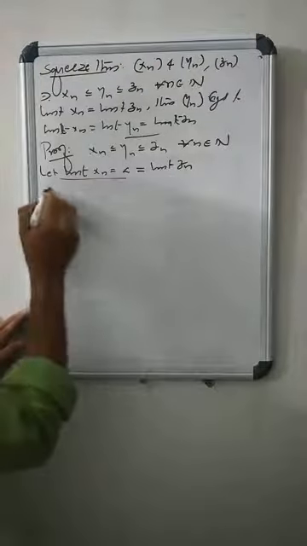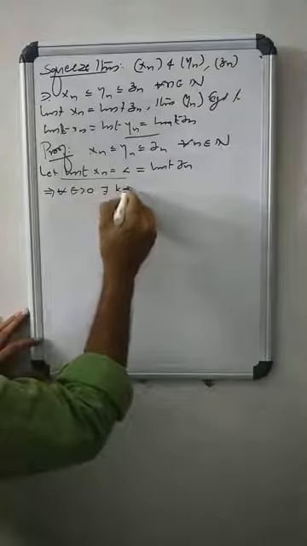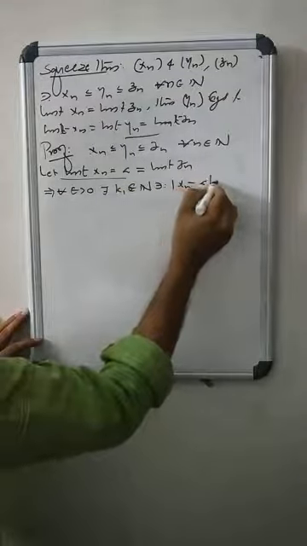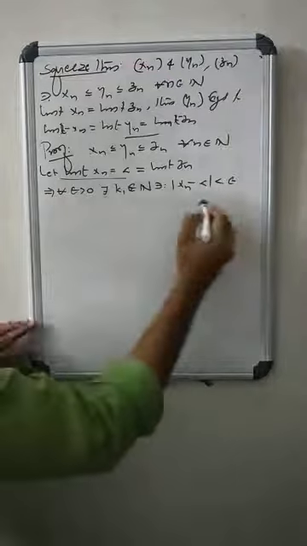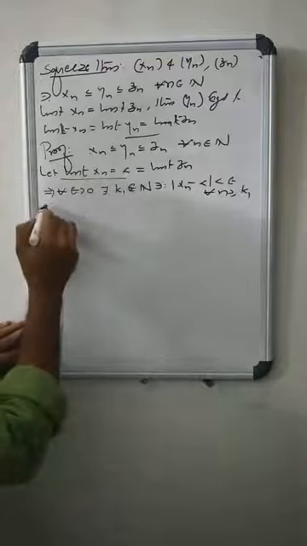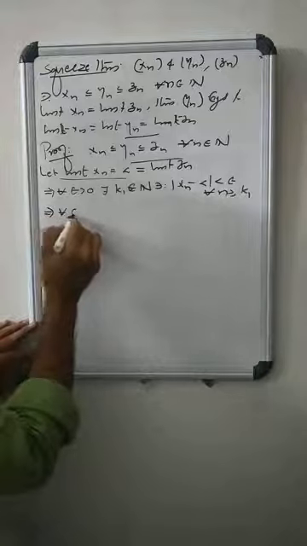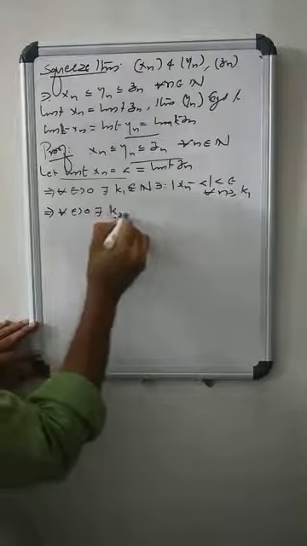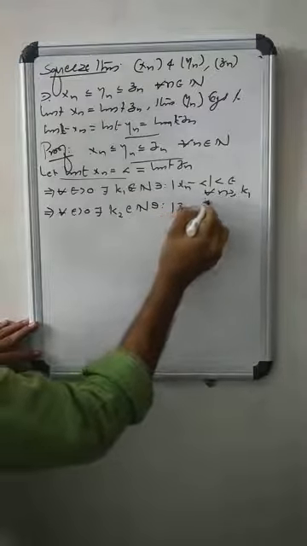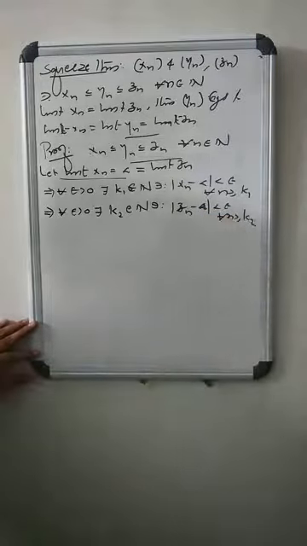Limit xn equals a means for all epsilon positive there exists some k1 in N such that modulus of xn minus a is strictly less than epsilon for all n greater than or equal to k1, by definition. Again, a equals limit zn. That means for all epsilon positive there exists some k2 in N such that modulus of zn minus a is strictly less than epsilon for all n greater than or equal to k2.